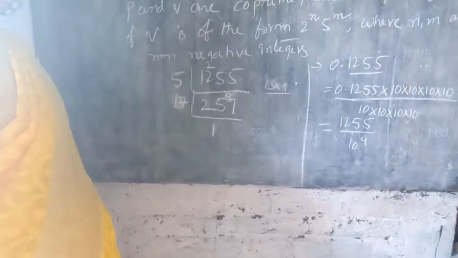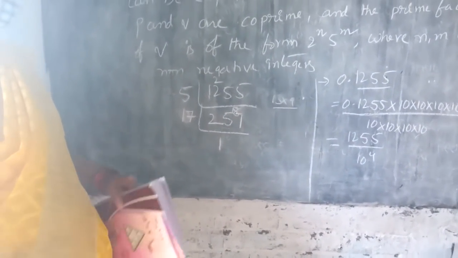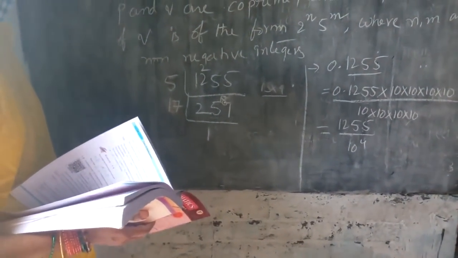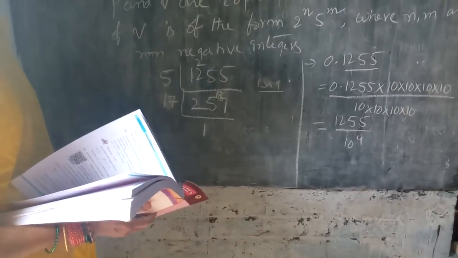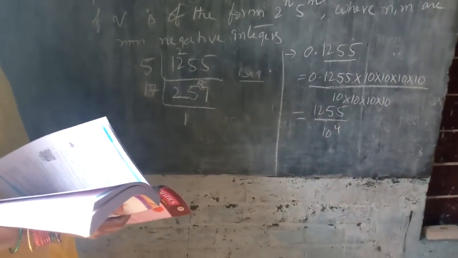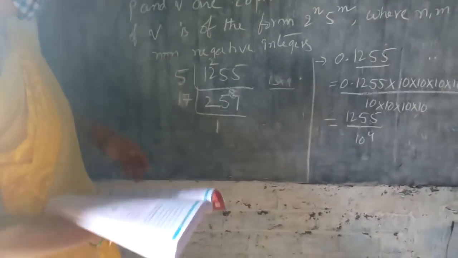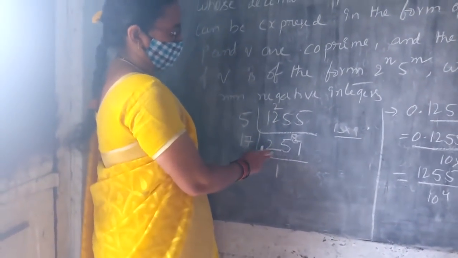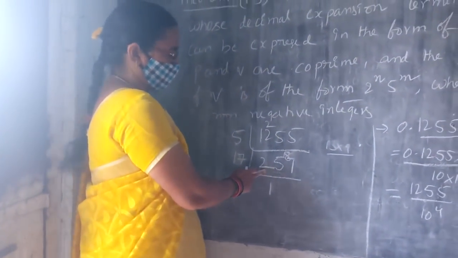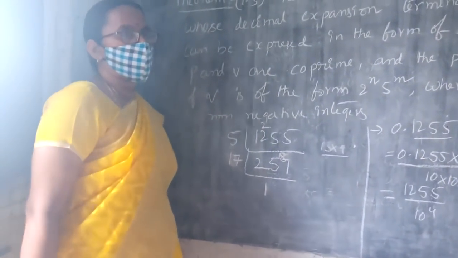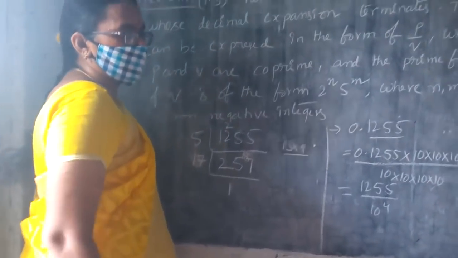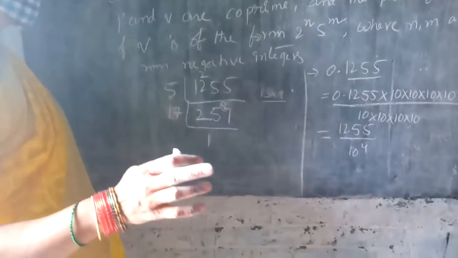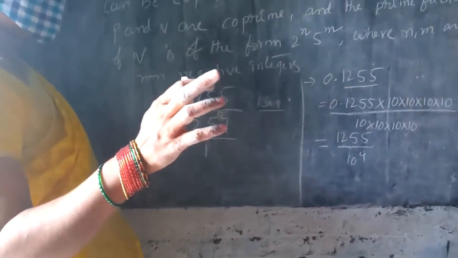How many times divisible? 17 ones are 17, 17 twos are 34, 17 threes are 51, 17 fours are 68, 17 fives are 85.